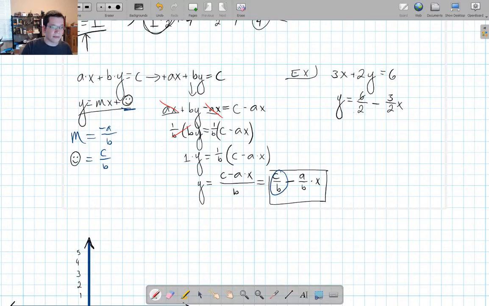This is going to simplify to be 3 divided by 1, which leaves us y equals negative 3 halves x plus 3.